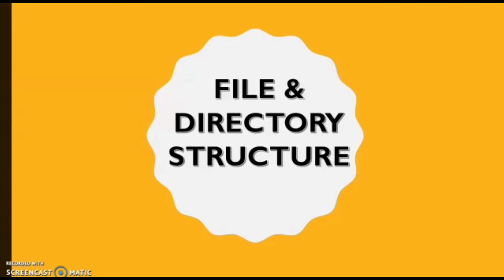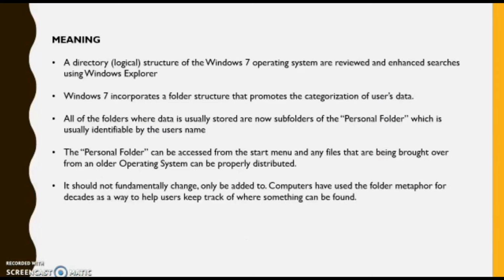The second presentation is about file and directory structure. The directory structure of the Windows 7 OS is reviewed and changed using Windows Explorer. Windows 7 incorporates a folder structure that promotes the categorization of the user's data.